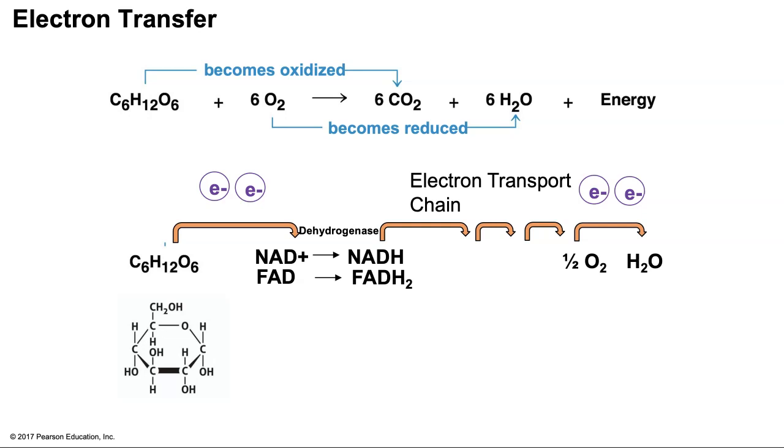The electron transport chain, or the electron transfer chain, is essentially a chain of redox reactions in which an electron is hopped between different molecules or cytochromes, as we'll see, all the way down an energy gradient.